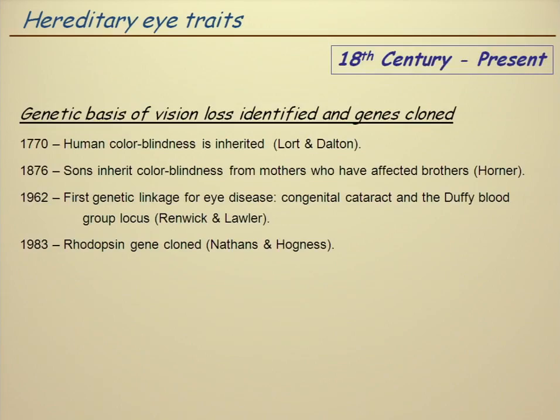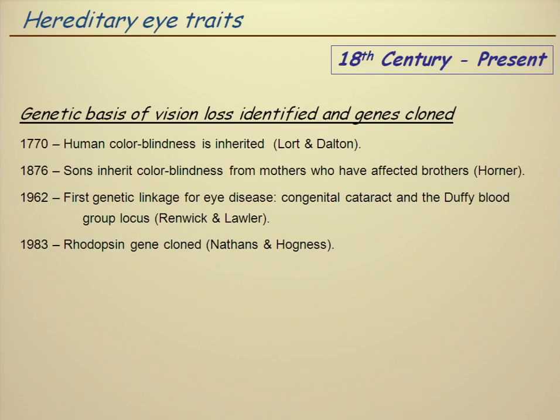Now, speeding up the clock and going back to 1770, Dalton recognized that color deficiency runs in families, and it is us poor, feeble men who suffer it as opposed to women. That's because the color genes are on the X chromosome and men have only one, whereas women have two X chromosomes.